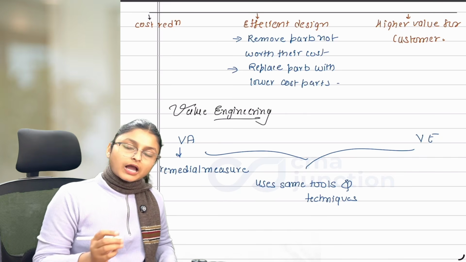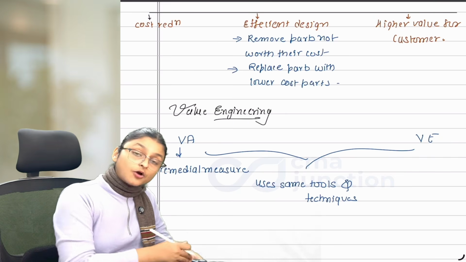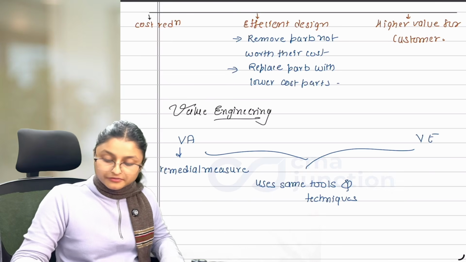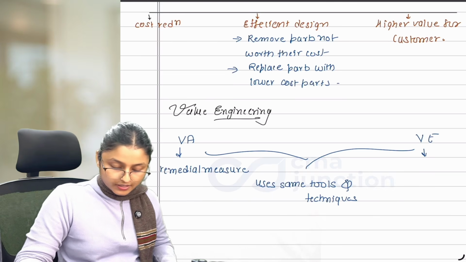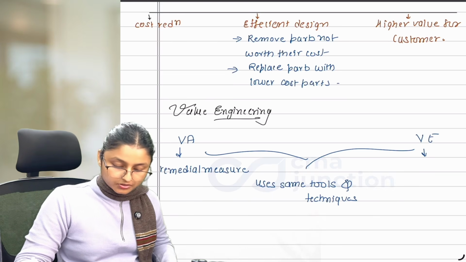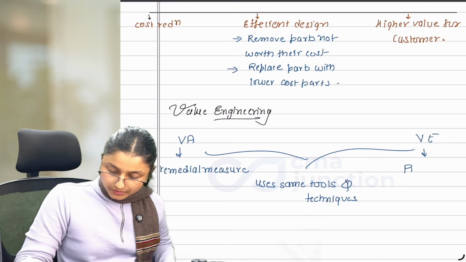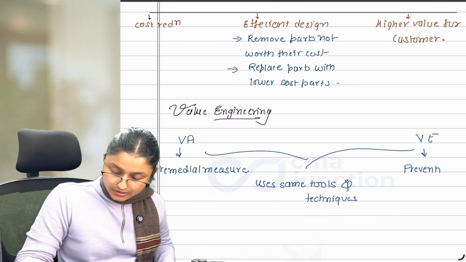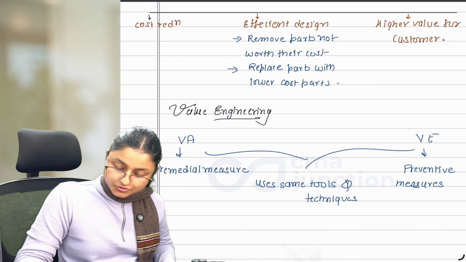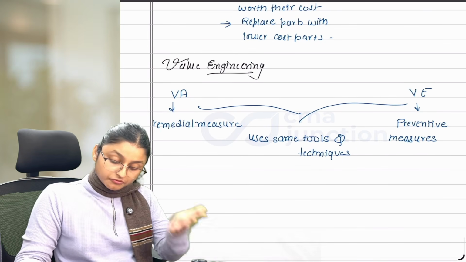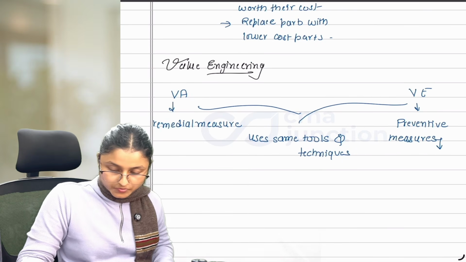That means after the problem has happened, now we are trying to reduce it, or now we are trying to improve our functions or the product or the cost. And value engineering is a preventive measure because it tries to improve the product beforehand or reduce the cost beforehand.